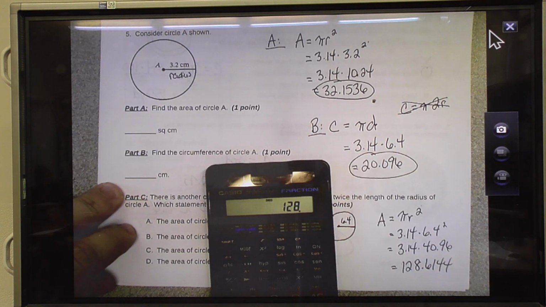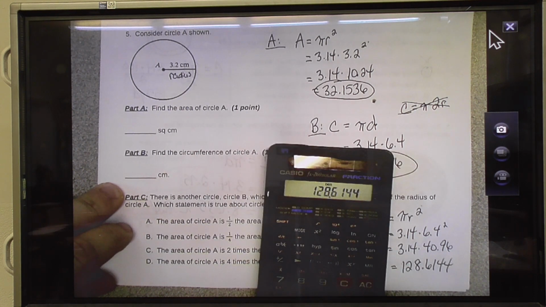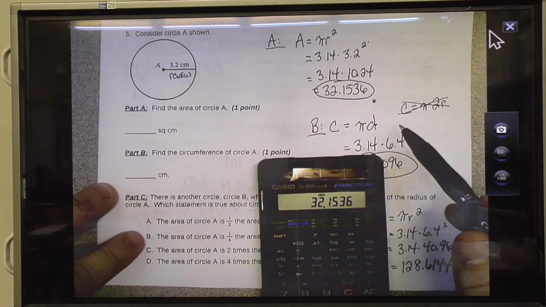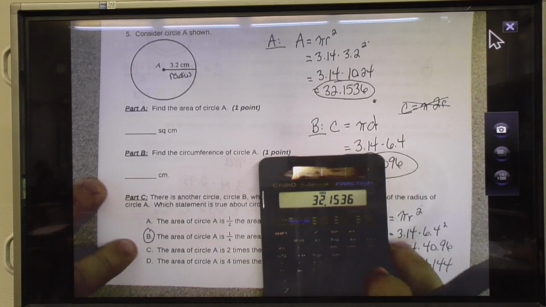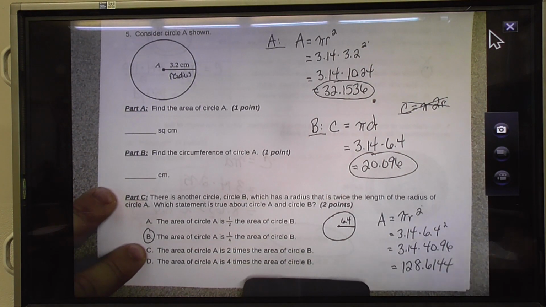So if I've got 128.6144 and 1/4 of that is 32.156, would B be right? Yeah. Okay, so B looks like it would be right, but let's check the rest of them.